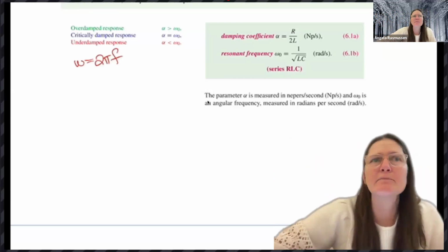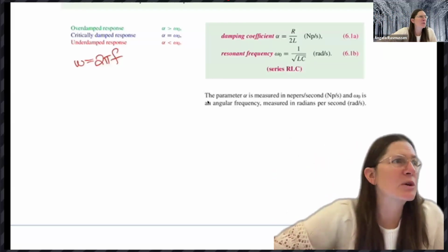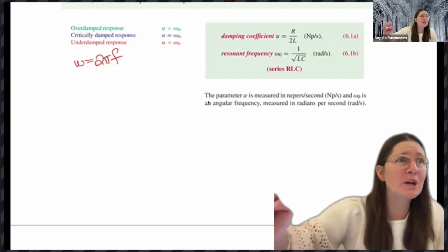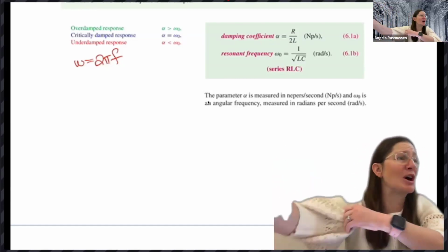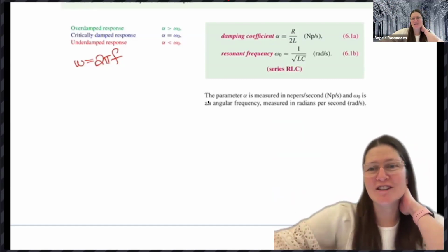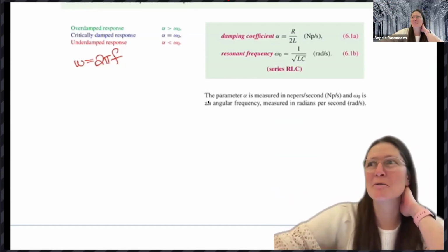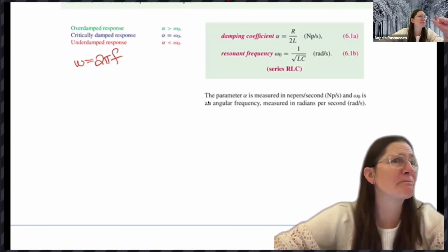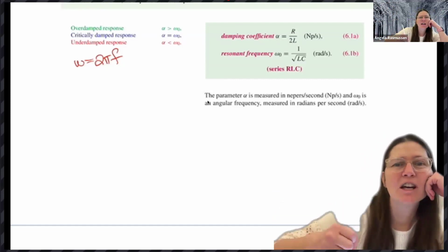So you can change from angular frequency into hertz, which you're probably more comfortable with. But note that all of our equations will always be in omega, and when you measure things, you'll have to convert from hertz into omega. Okay, so take that note too.